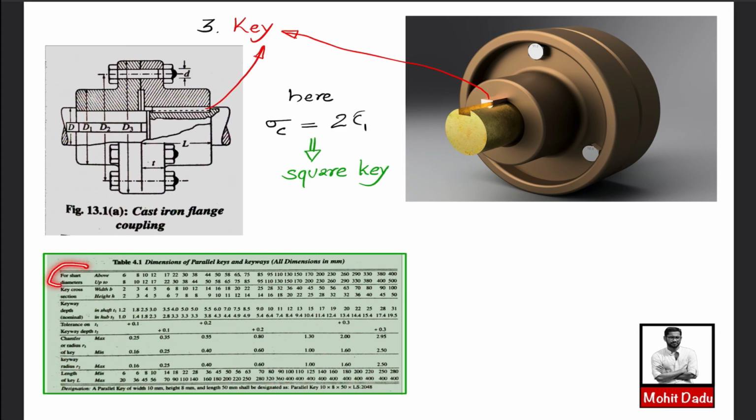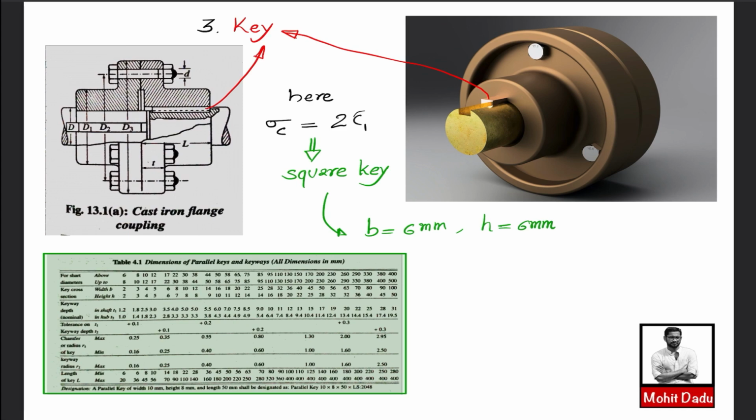In the first row, for shaft diameters in the range from 17 up to 22, you will be taking this value. That means the key cross section is 6 by 6. So for the square key you will be selecting width equal to 6 mm and height equal to 6 mm.